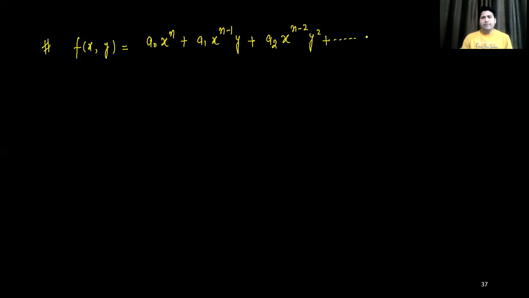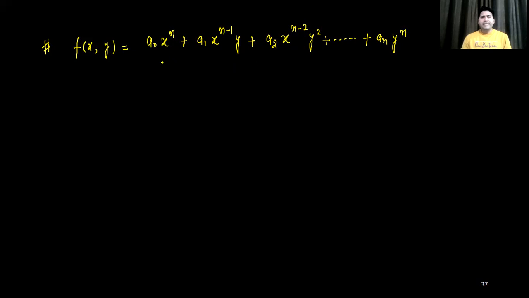Now I am moving to give its definition or standard notation. A homogeneous function in two variables, that is in x and y, is denoted by a0 x to the power n plus a1 x to the power n minus 1 into y plus a2 x to the power n minus 2 into y square plus up to an into y to the power n.